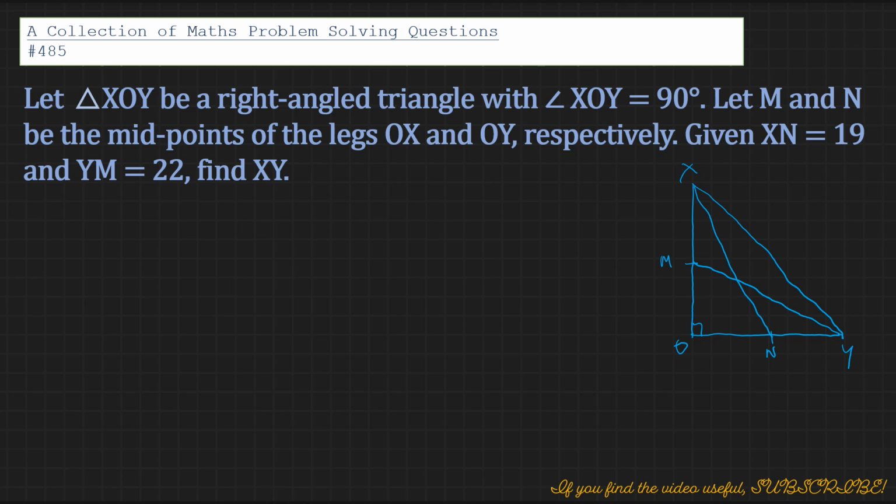Now they are the midpoints M and N, so if OM would be x and ON is y, then NY would also be y.